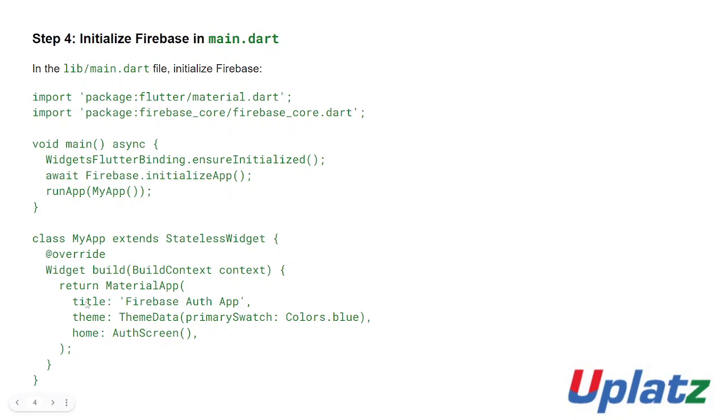This is the title. Then theme of the MaterialApp, ThemeData, primarySwatch is Colors.blue. We learned how to use ThemeData in a few lessons ago. Then the home property of MaterialApp, we use the AuthScreen widget. Then all brackets are closed.